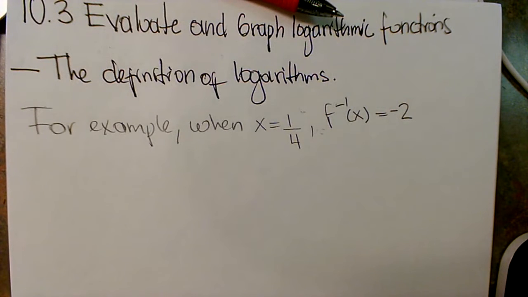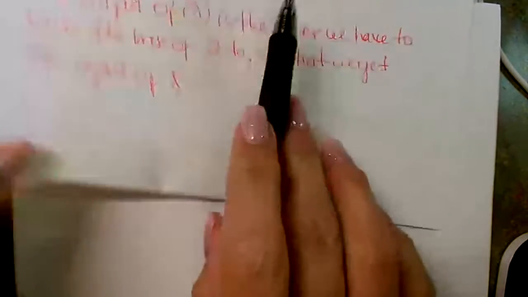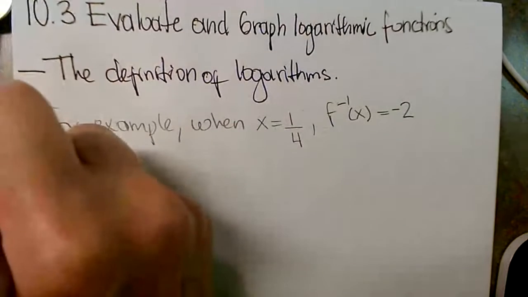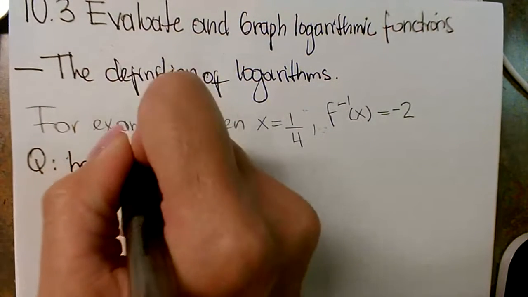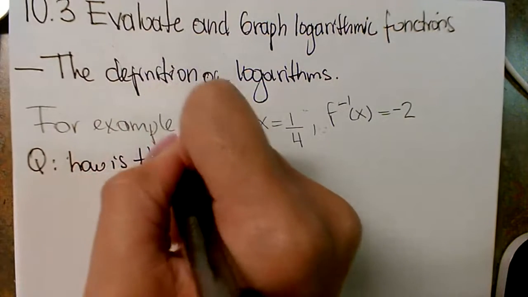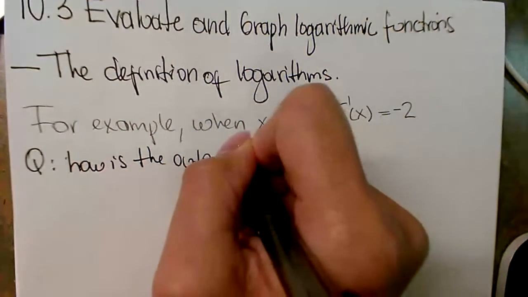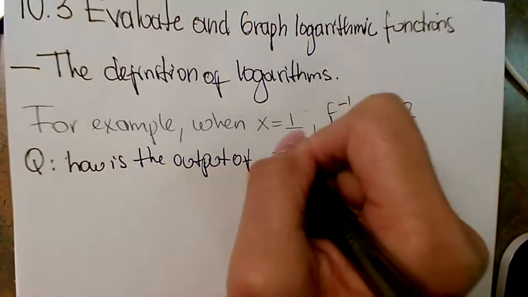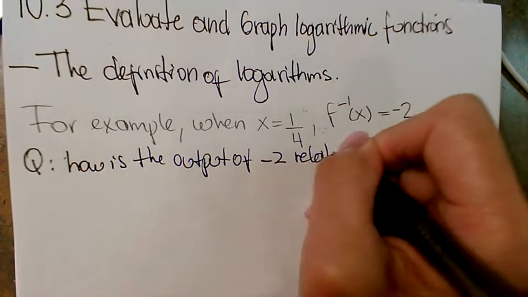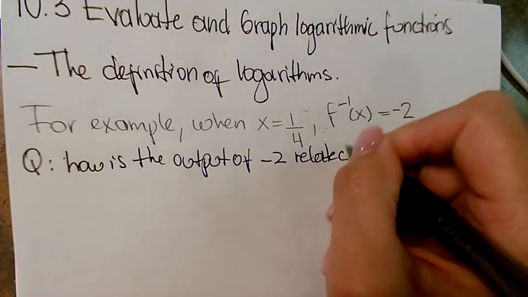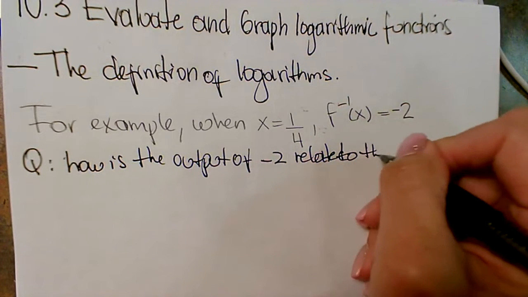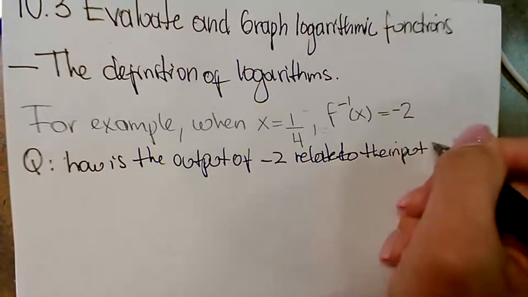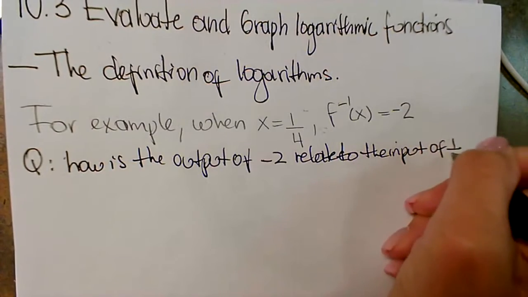How is the output of -2 related to the input of 1/4?